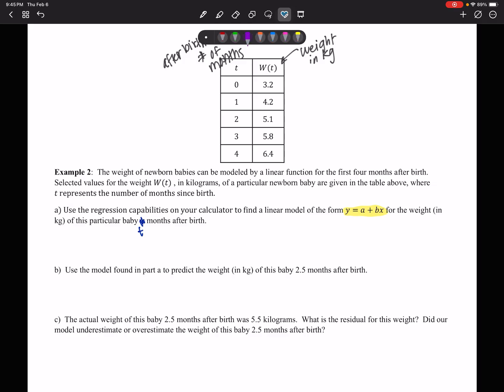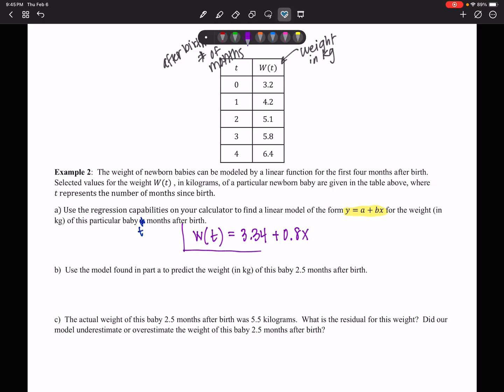Okay, if you're back after pausing, yay you, we're going to check your answer. If you never paused and you're just waiting for the answer to be given to you, oof, you know better. Okay, you can only learn by doing yourself. W(T) is equal to 3.34 because they want the constant to come first, plus 0.8x.